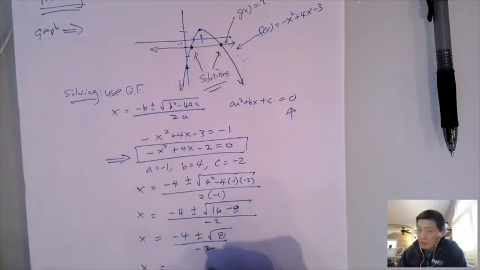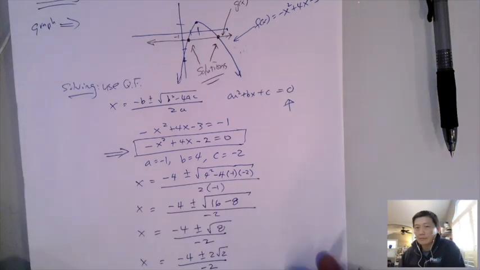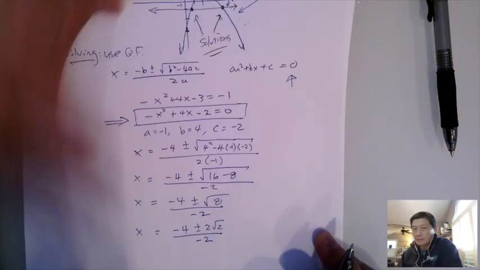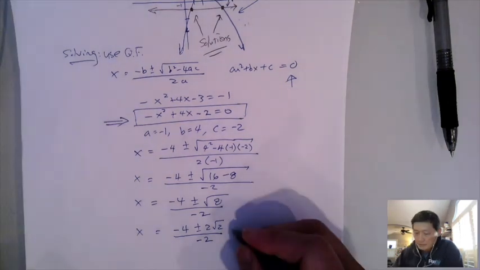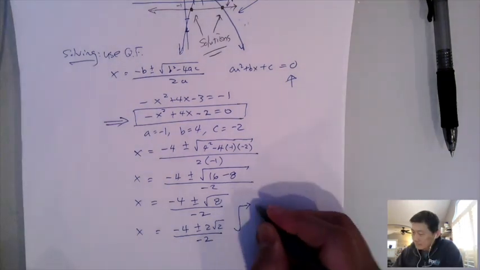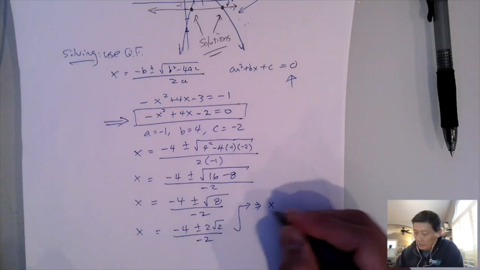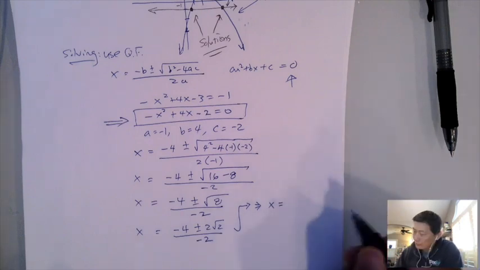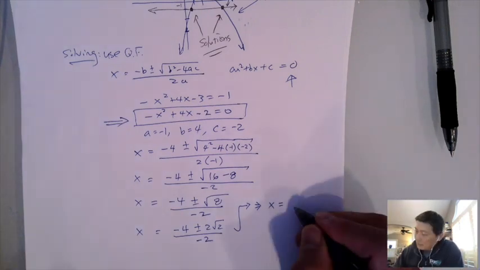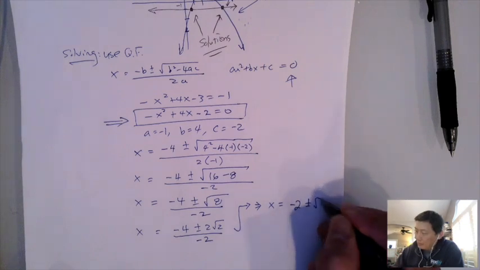In this case, you get negative 4 plus or minus 2 square root of 2, over negative 2. And finally, x is equal to negative 2 plus or minus the square root of 2.